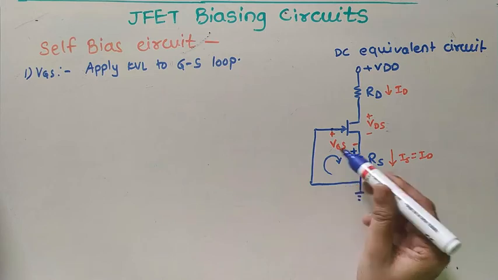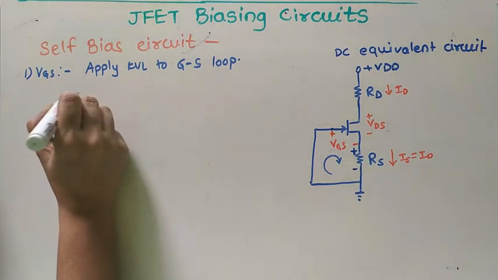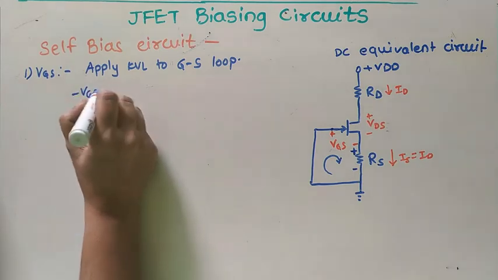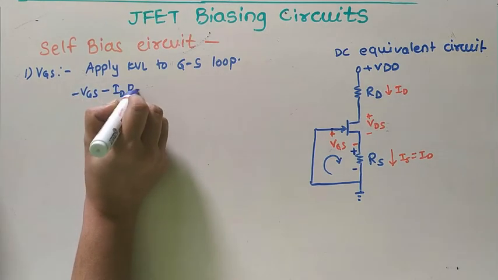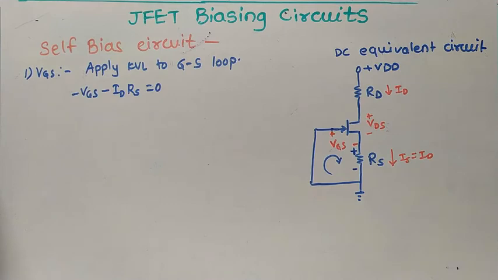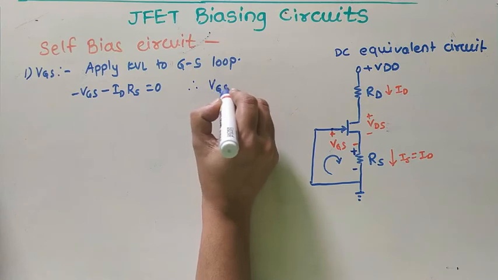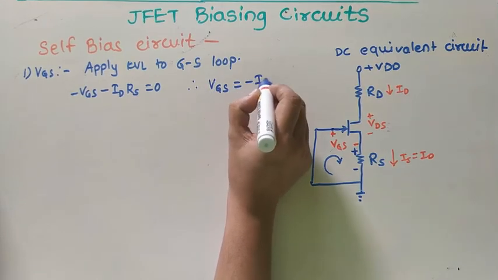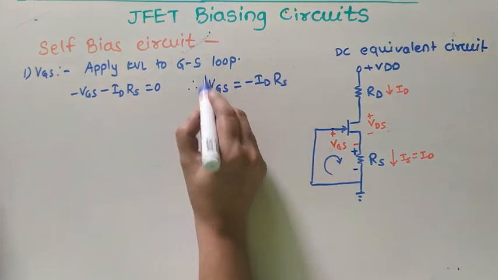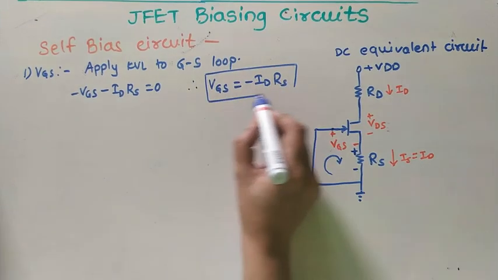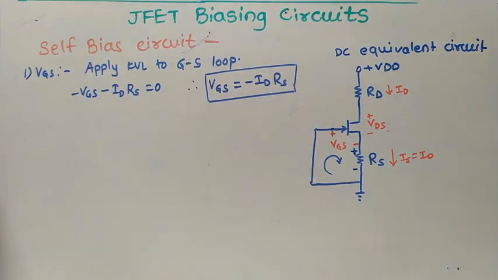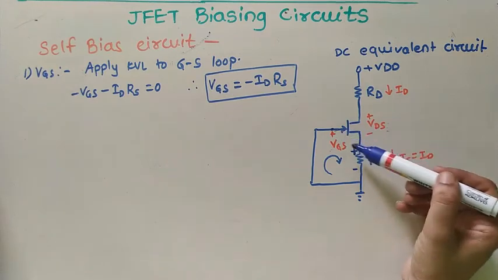So when we apply KVL, we are having minus VGS minus ID into RS is equal to 0. Therefore, we can simplify this to get the value of VGS equal to minus ID into RS. So by this way we can obtain the value of VGS, means gate to source voltage.